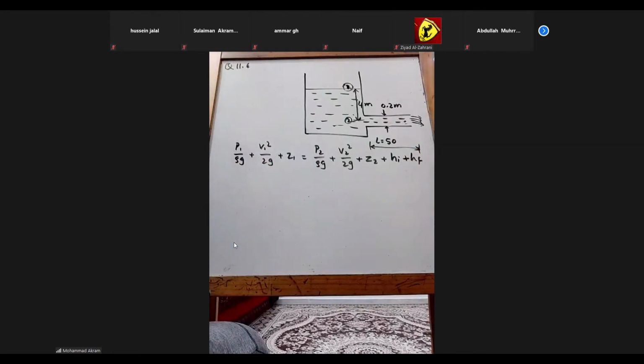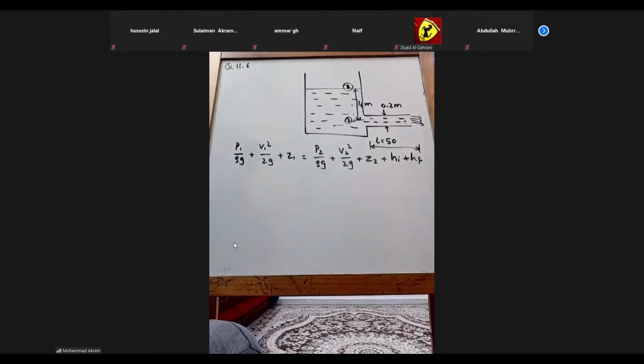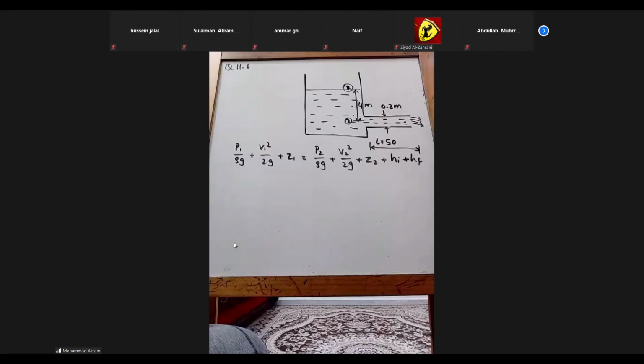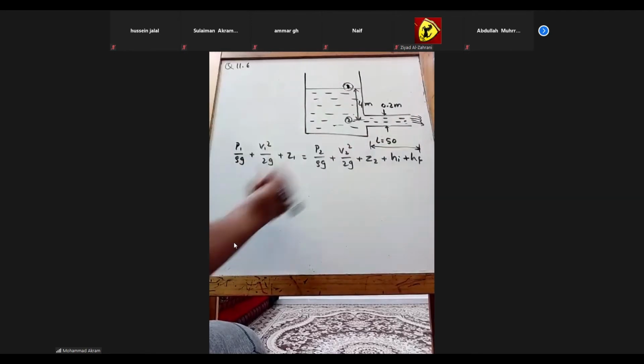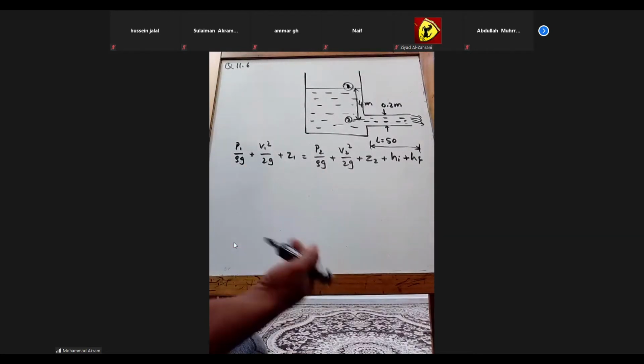the head loss at the inlet and head loss due to friction. You can add head loss due to the exit as well. But if it is going to, say, a tank, then you can say it is exit.